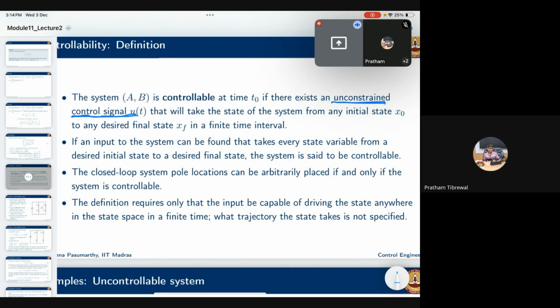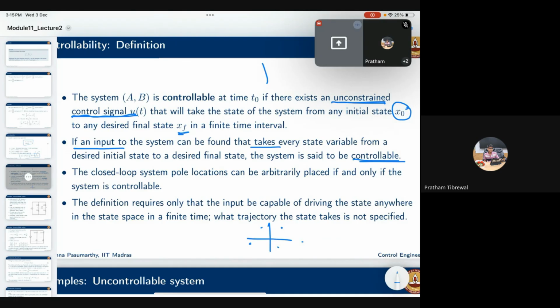Such a signal will take the system from any initial state x naught to any desired final state. If I were to drive a car around, I should be able to start from here and go to any other point in the state space. So if an input to the system can be found that takes every state variable from a desired initial state to a desired final state, then the system is said to be controllable.